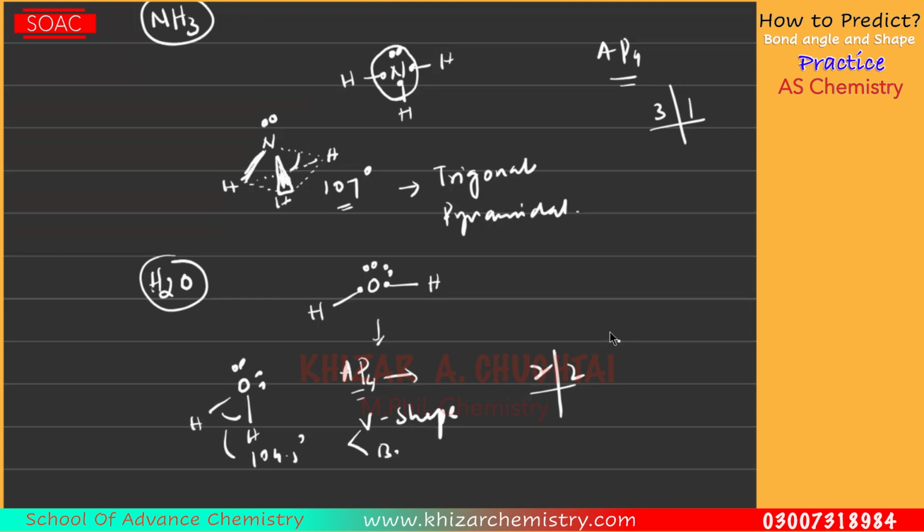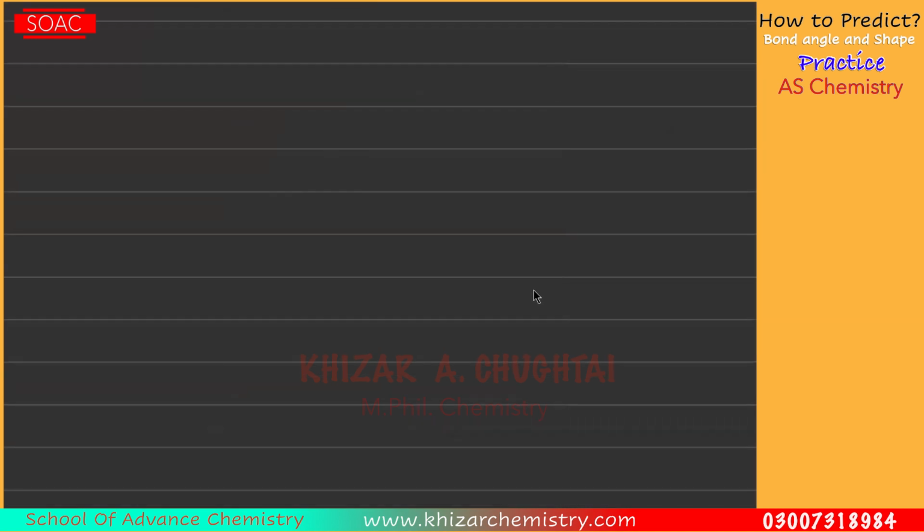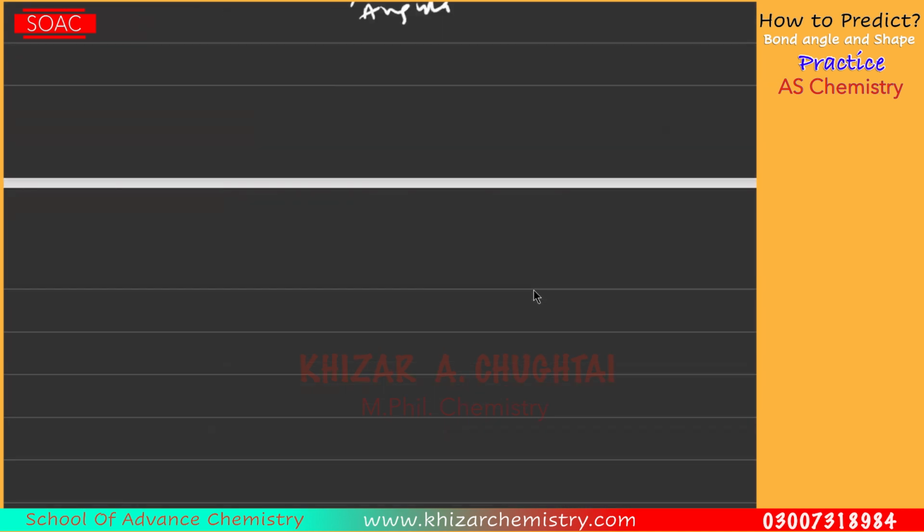It may be known as or called bent shape. It is having angular shape, yes, it is true, and it is also said to be non-linear. And so on. So this is a scheme, and this is how you can predict the shape and approximate accurate bond angle of different simple covalent molecules.